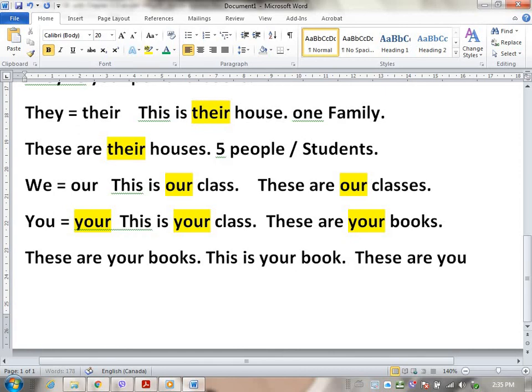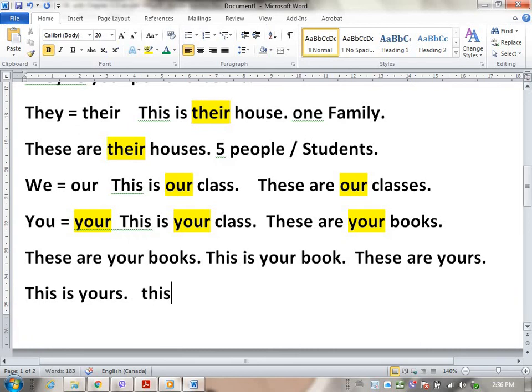Or I could make it short, this one, I could say these are yours. I don't want to say the name of the thing. For example, notebook. Then, for example, I say these are yours. Or I could say this is yours. And at the same time, I could make it shorter.